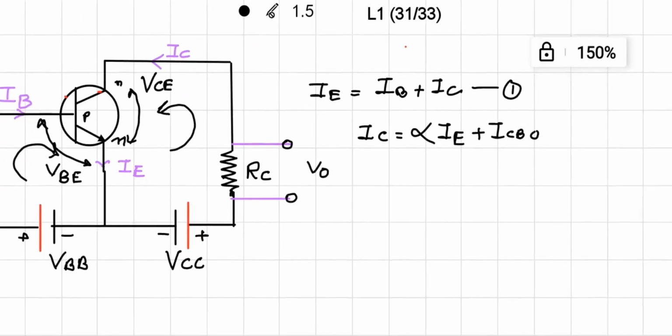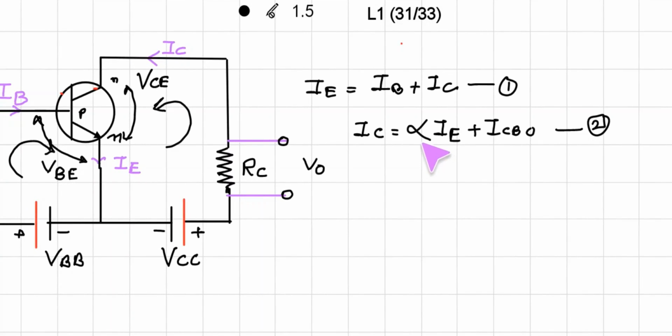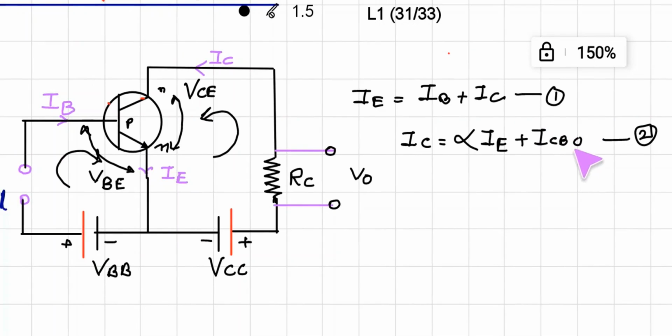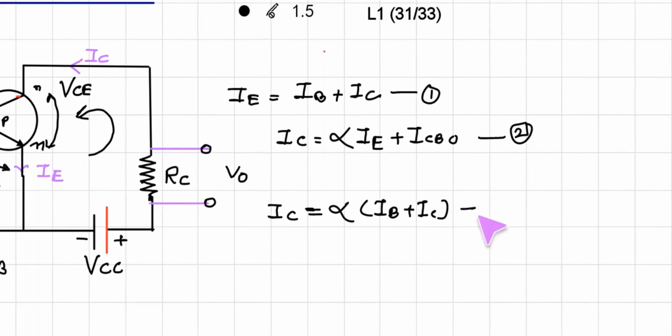This is expression 2. Now remember that we know alpha is equal to IC upon IE, so IC is equal to alpha IE, that is okay. But this ICBO, the O stands for the base side being open here. So IC is equal to alpha times IE, but we know that IE is equal to IB plus IC, so we can write alpha times IB plus IC, plus ICBO.